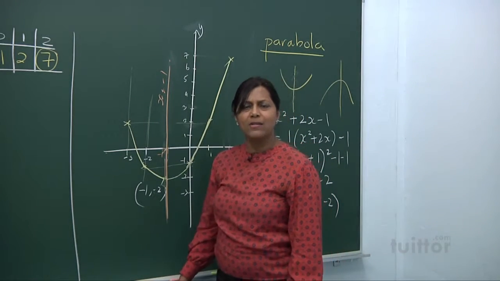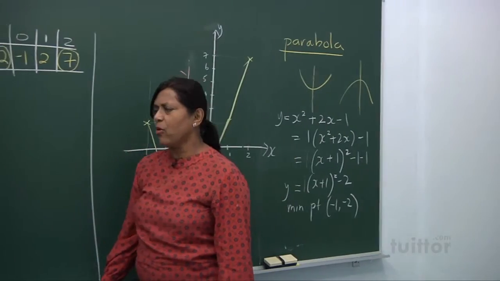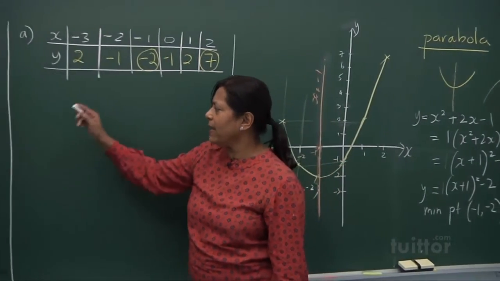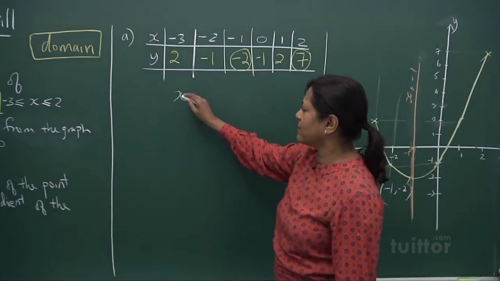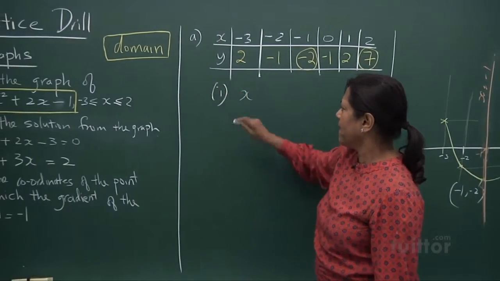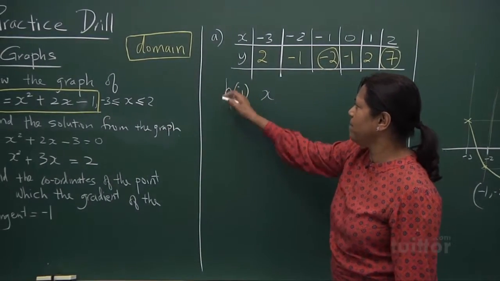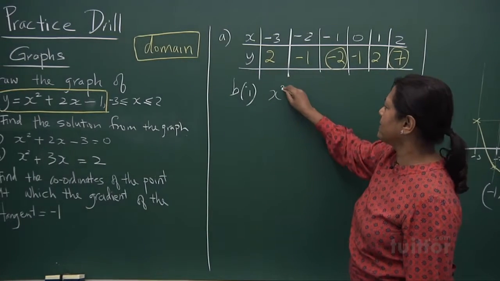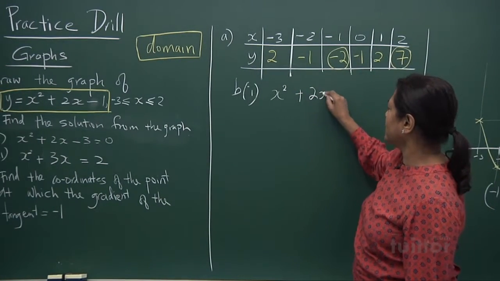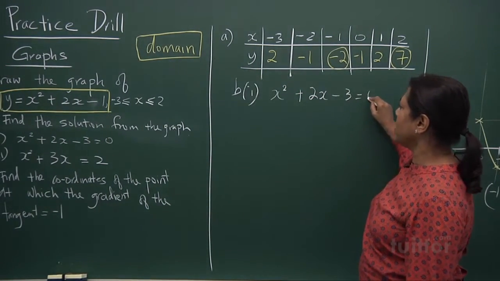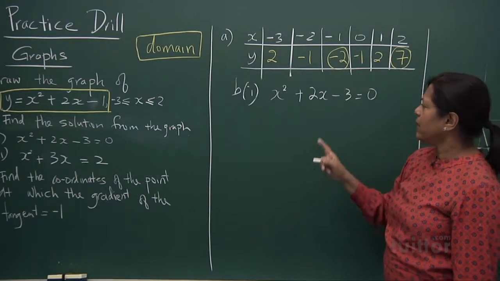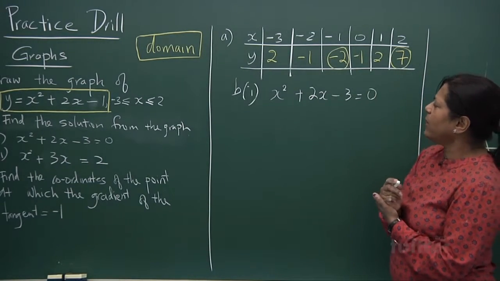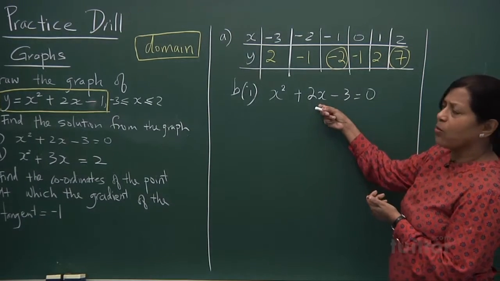Let's go back again to the question. Now they have drawn the graph. They tell you, A, label x squared clearly. B, part 1, x squared plus 2x minus 3 equals 0. If you look at this question, what you are given, this is not y.